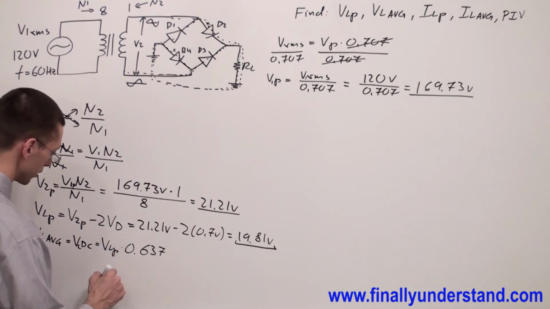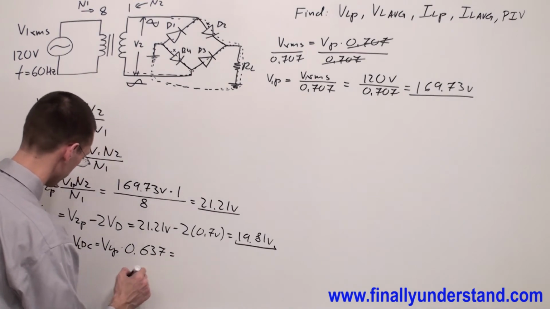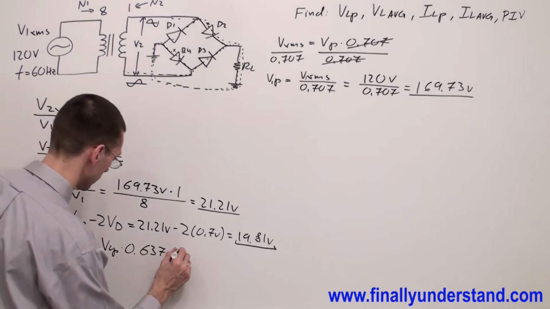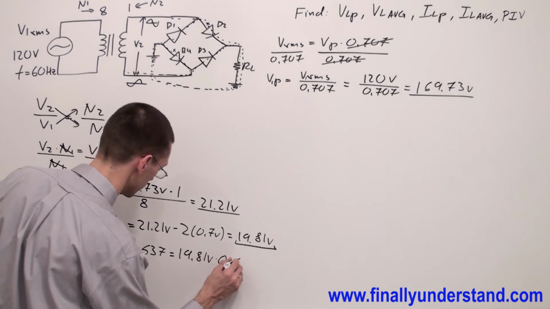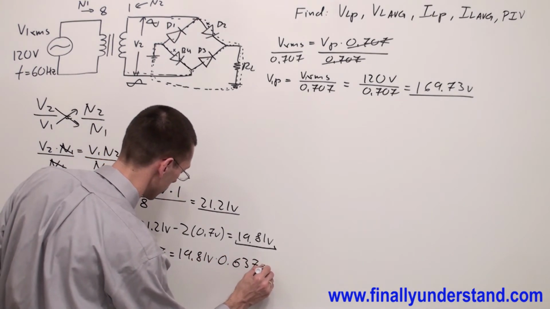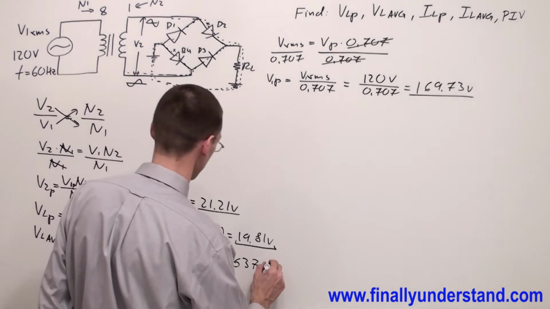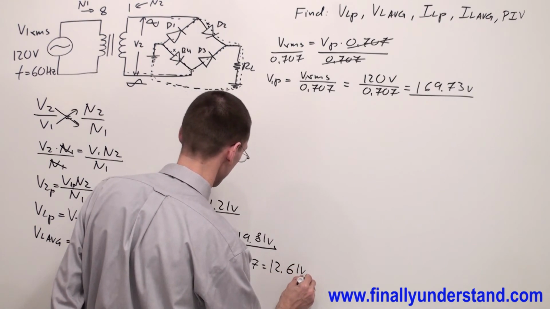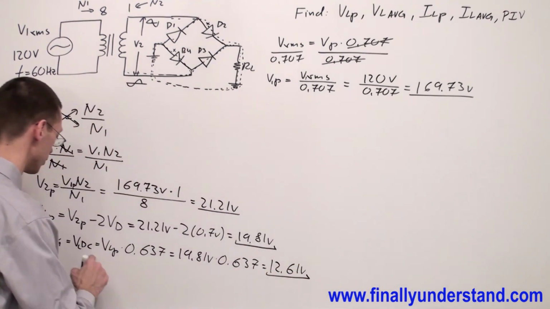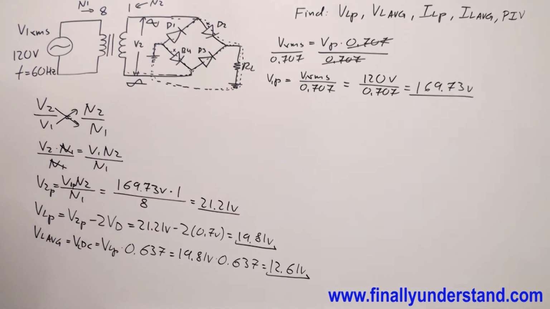This is equal to VL peak, 19.81 volts, times 0.637, which equals a VL average of 12.61 volts. This is my DC voltage across the resistor.